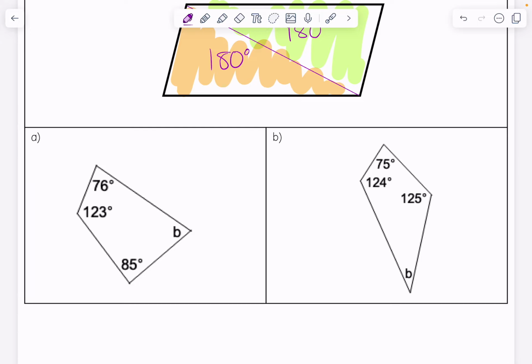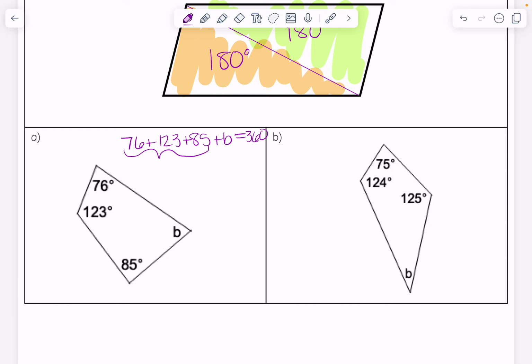So here I have a quadrilateral with angles of 76 degrees, 123 degrees, and 85 degrees, and then this missing angle. So I know that all 4 of those angles are going to need to add up to be 360 degrees. And so I can add up my constants and my like terms there.